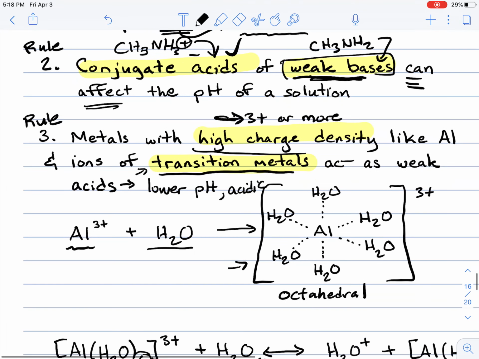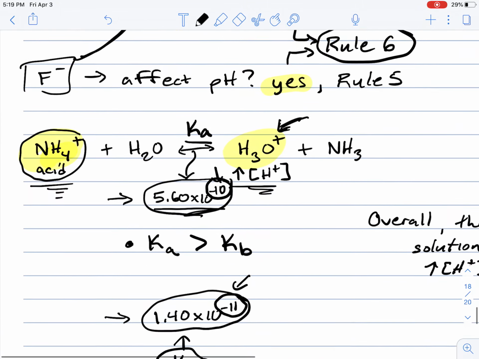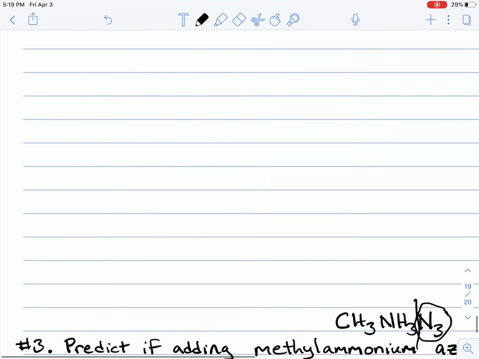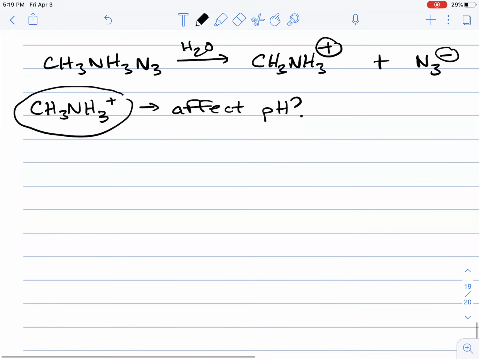So therefore, it is a weak base. Cool. And so let me just go ahead and write that down here. So does methyl ammonium affect the pH? The answer is yes. And we used rule 2 for our justification.